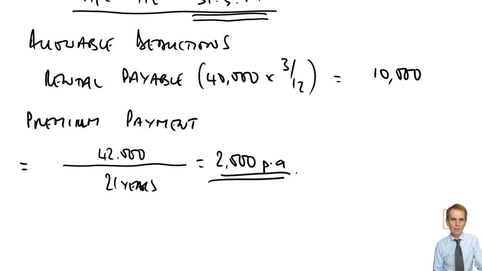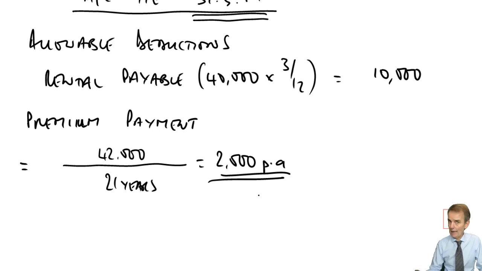What that means is, though the lessee paid £70,000, the bit that can be treated as an expense item rather than a capital payment is based on the property income assessment on the lessor. That was 42,000. Sadly, the lessee doesn't get to deduct all of that in one payment, in one accounting period. No, it's spread over the number of years of the lease. So that therefore gives us £2,000 per annum.